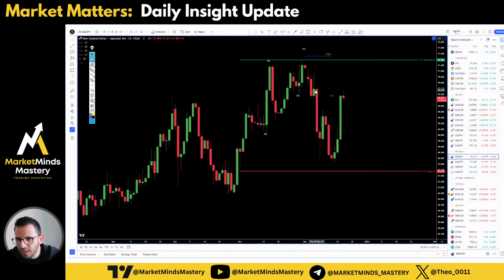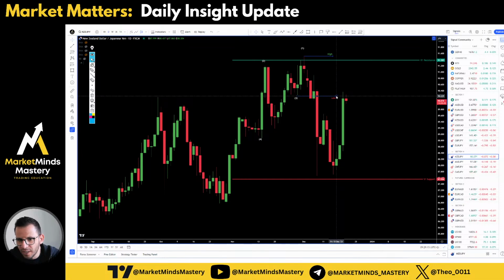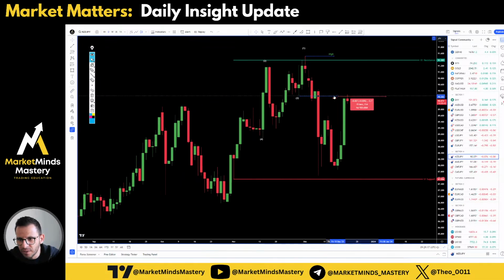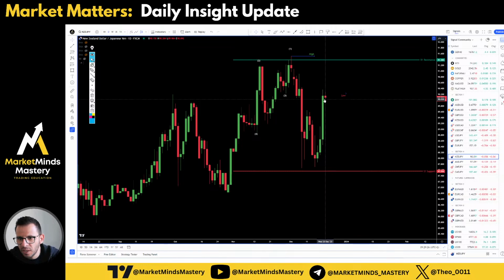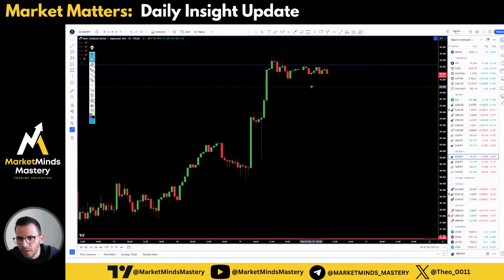New Zealand, the price is really retesting this support now, broken support now acting as resistance. I'm not in a rush to sell at this point here.